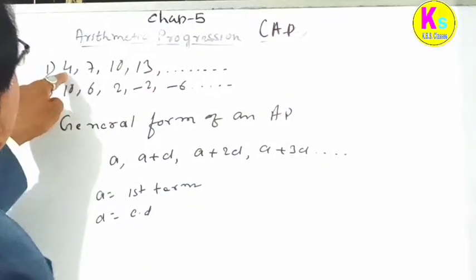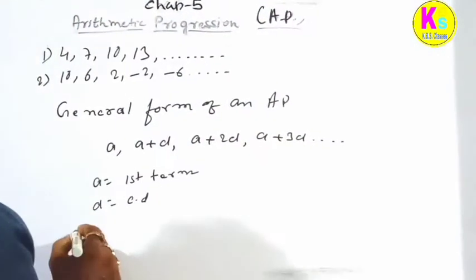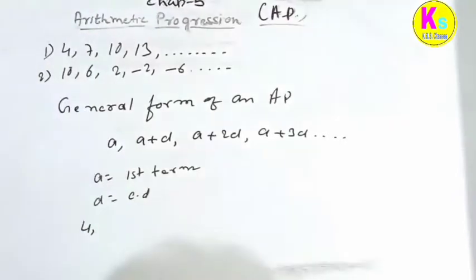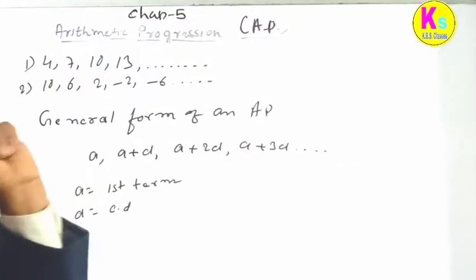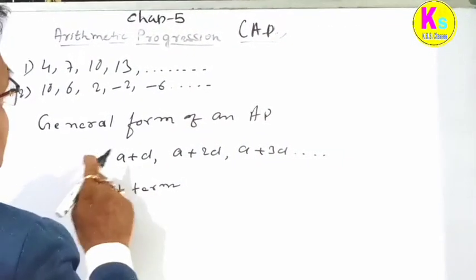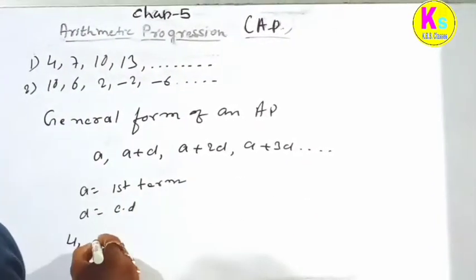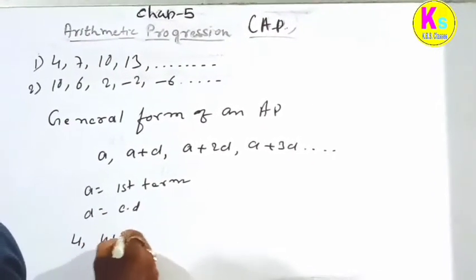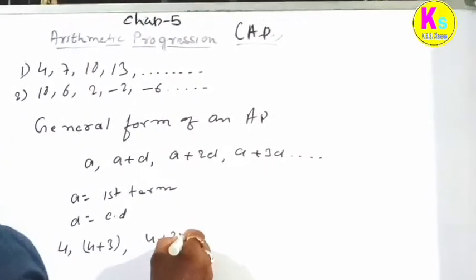If we take the example of the first one, the first term was 4 and the common difference was 3. So when you use this general form of AP, you will get the second term as 4 plus 3. Again 4 plus 2 into 3.